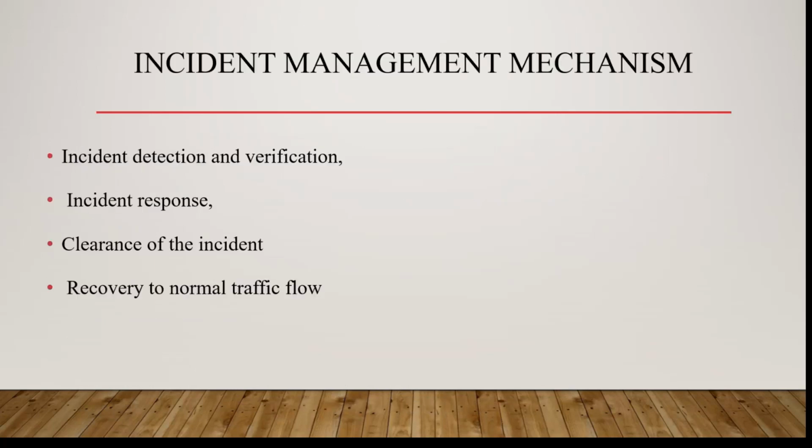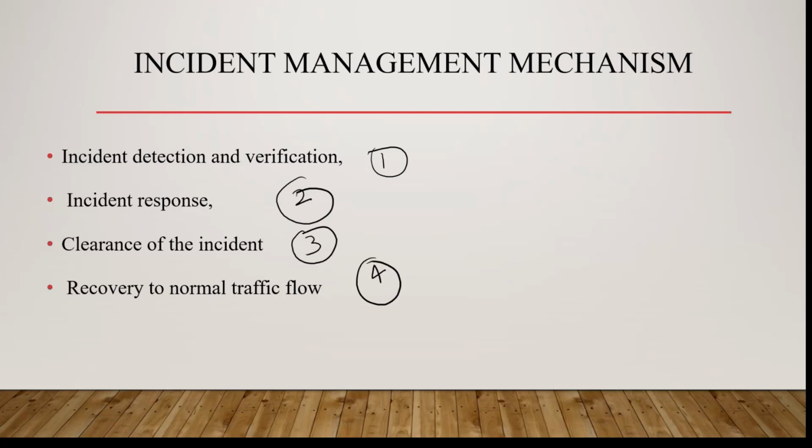So again, the incident management mechanism, IMM, is mainly dependent on those 4 points: incident detection and verification, how we can dispatch a response and how we can clear that specific incident, and then recovery of normal traffic flow.